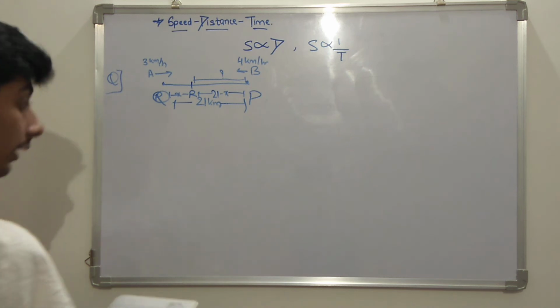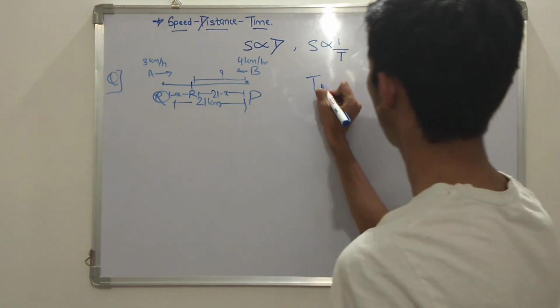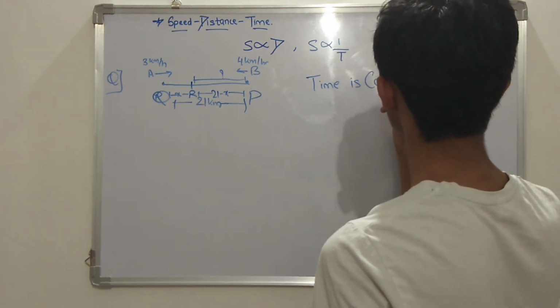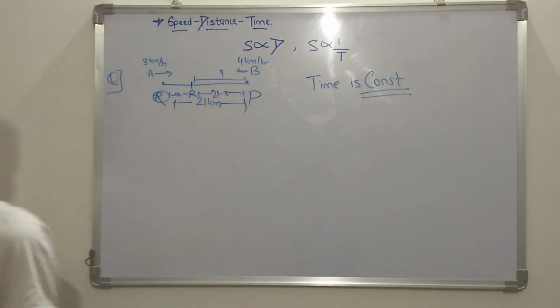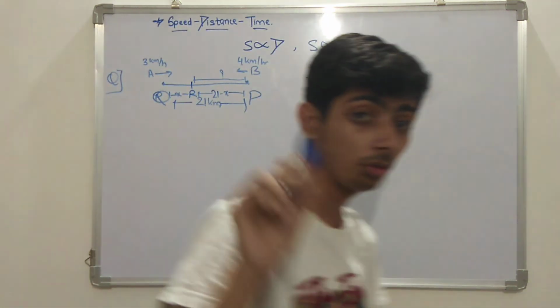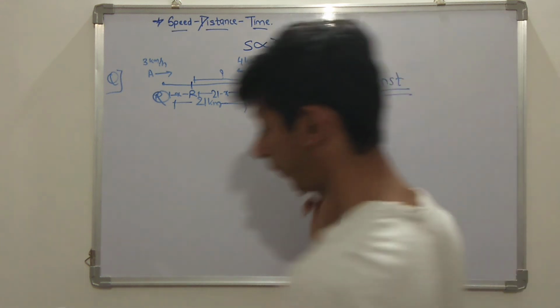So here see again, here the time is constant. As told earlier, in such questions one of the things would be a constant, and it is up to you to understand what is constant, and accordingly you will need to equate.